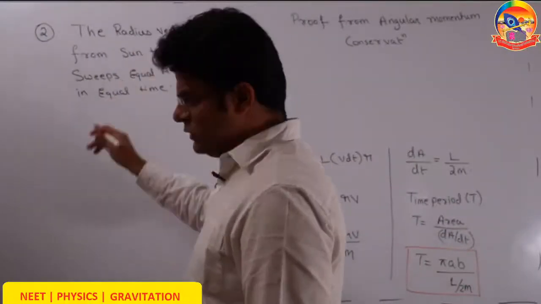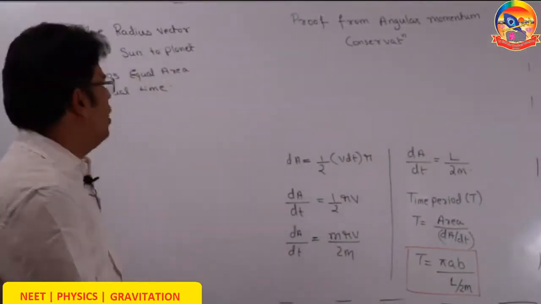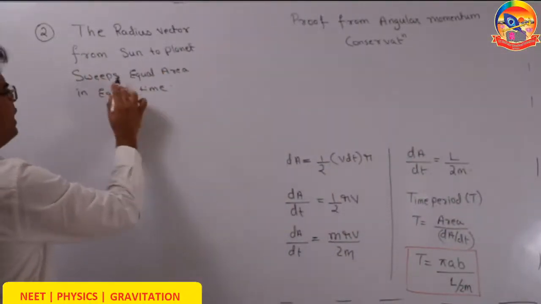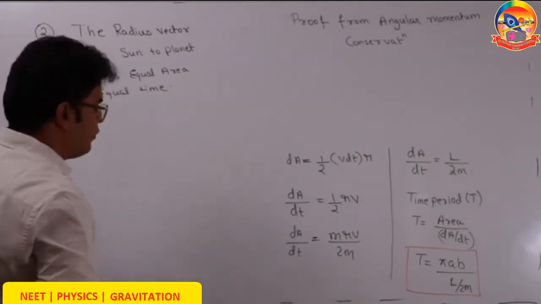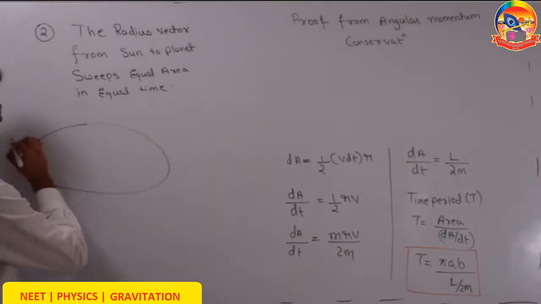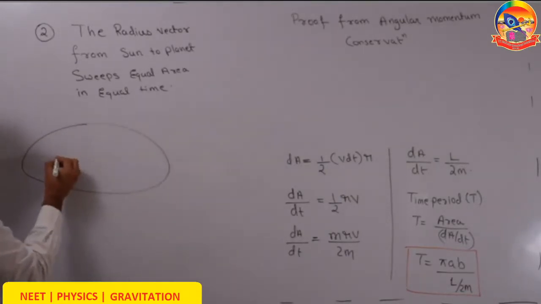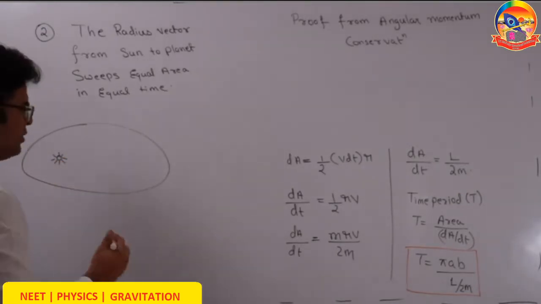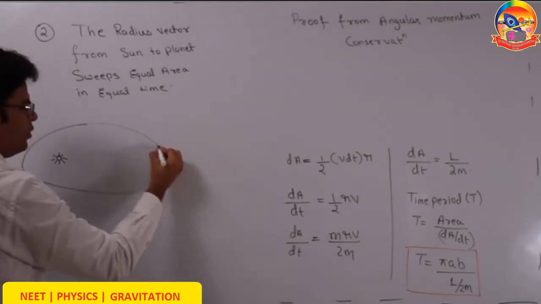Kepler's second law says that the radius vector from sun to a planet sweeps equal area in equal interval of time. Now what is the meaning of radius vector from planet to sun? Let's say the planet moves in elliptical orbit and sun is present at one of the focus. At some instant, let's say the planet is here, moving in its orbit.